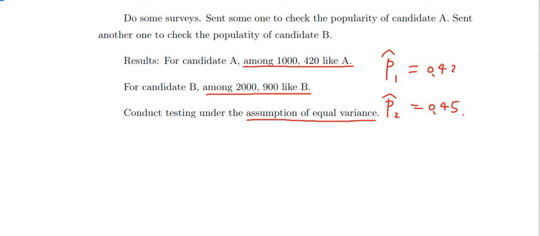At first, H0 is p1 equals p2; the difference is not so significant, right? So HA is p1 is less than p2, significantly less than p2. Then the question is the test statistic.